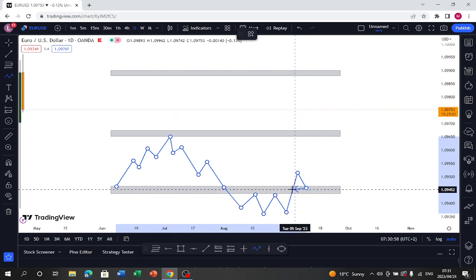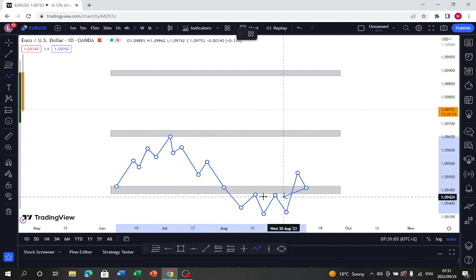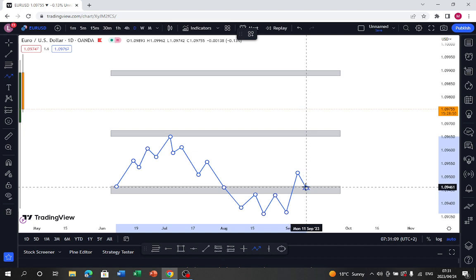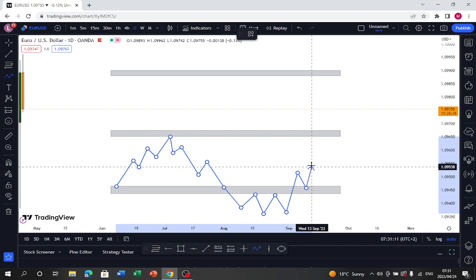Now this was a ceiling because we're under it. Now it's a floor just because we are above it. So above it's a floor, below it's a ceiling.